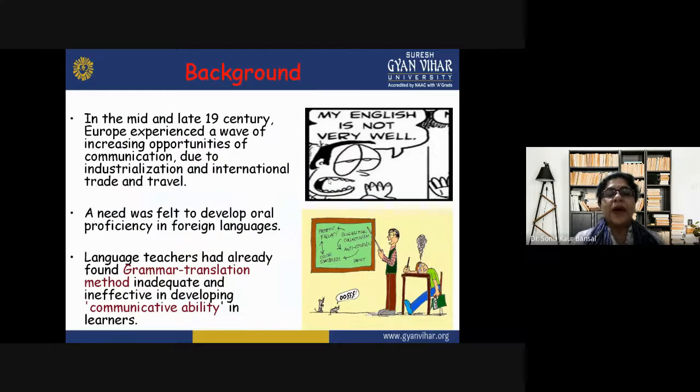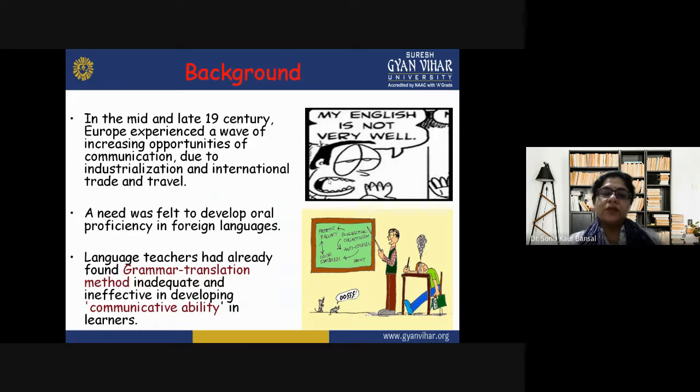So what is the background of the direct method? Let's understand the scene behind it. In the mid and late 19th century, Europe experienced a wave of increasing opportunities for communication. Due to industrialization and international trade and travel, there was a need for a conversational language that could be used by people with the same interests, such as business, trade and commerce.